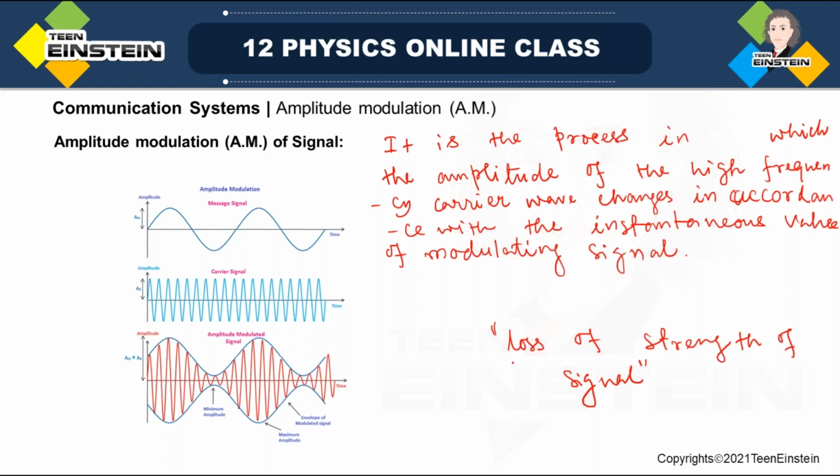When you transmit an audio signal to a faraway place, the signal will die away, or at the receiver end the signal will be lost. Proper signal will not be received by the receiver.